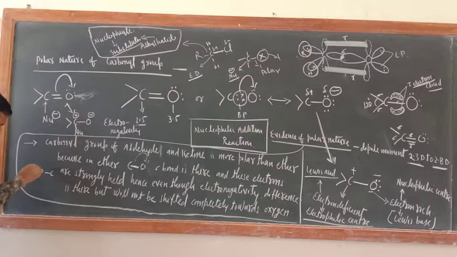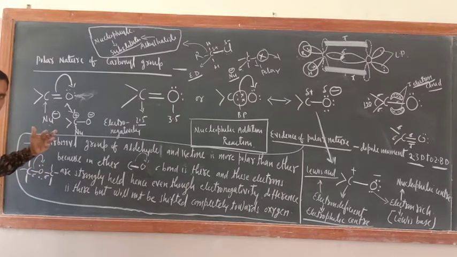C-O-C, correct? Now just see, this is a sigma bond. Now try to understand, this bond is a sigma bond or not? So sigma electrons are strongly held, so they won't be shifted completely towards the oxygen atom. They will be shifted, but not completely.